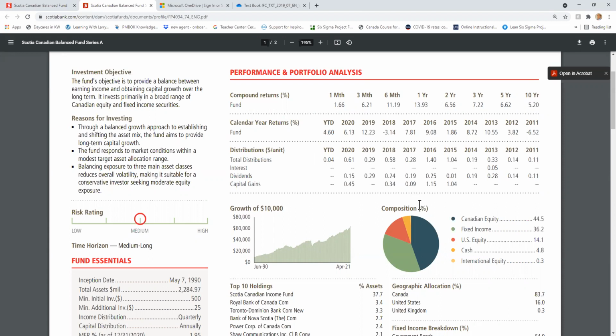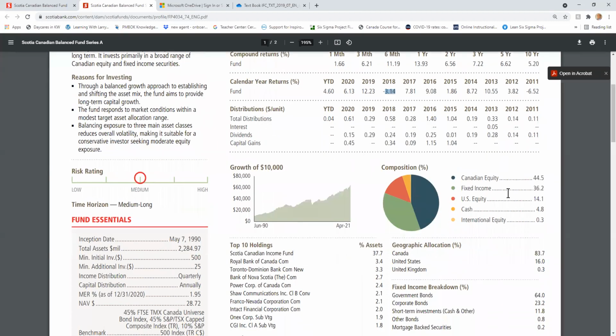Remember, the bond market and equity market usually work opposite: if the stock market is going up, the bond market goes down and vice versa, so your returns equal out. Again, no guarantees. It did go minus 3% in 2018. There is no guarantee in any mutual fund.